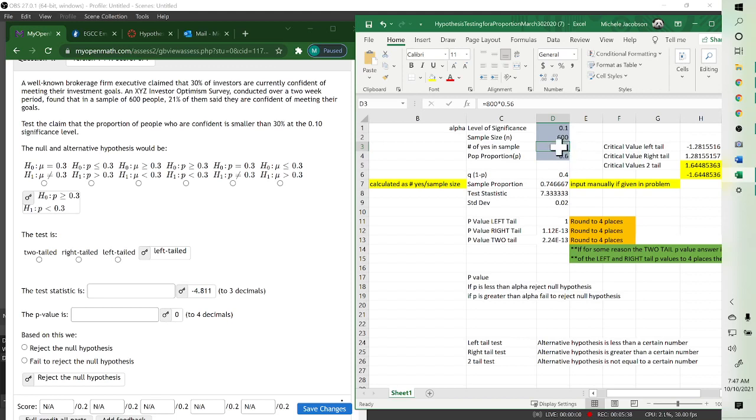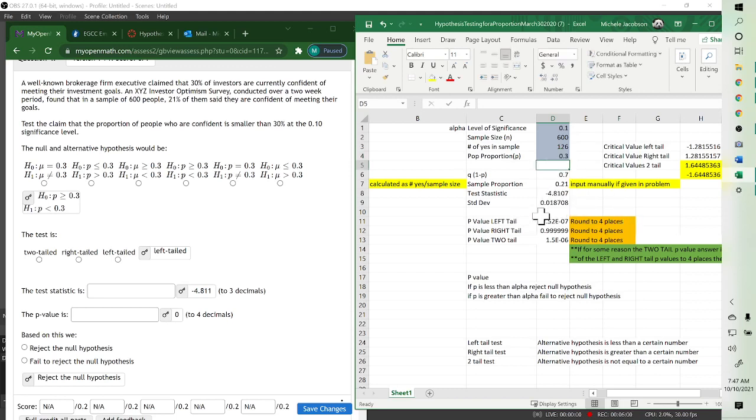When you click on here, then you can go equals 0.21 times 600 gives you 126, and then the proportion was 0.3. That's from the null hypothesis.